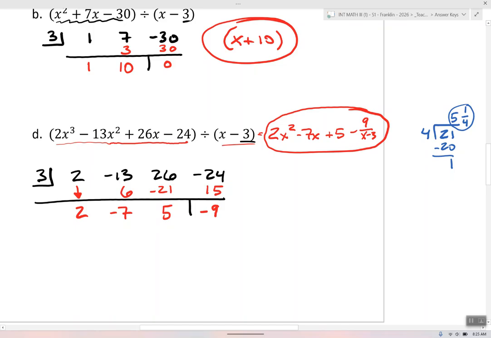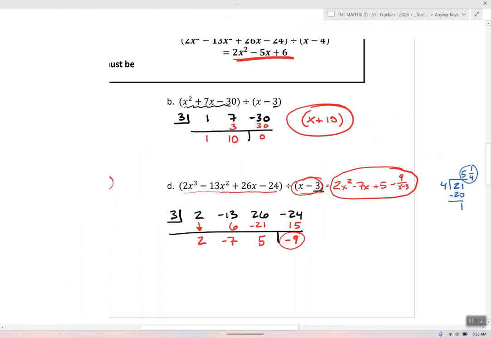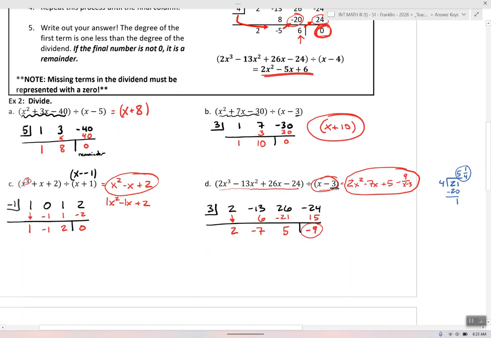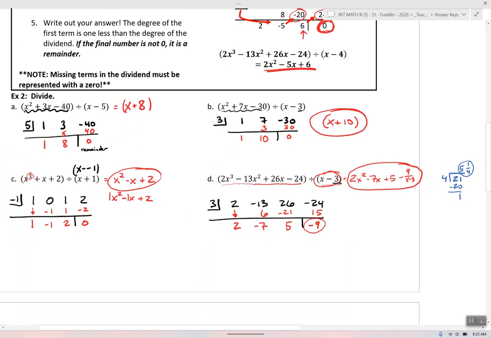We get 2x squared minus 7x plus 5 with a remainder of negative 9 over x minus 3. So whenever you have a remainder here, you're going to put it as a fraction over the divisor. Looks a little messy, but that is how it works. So that is synthetic division. Pretty quick process for dividing. As long as you don't have a remainder, it looks pretty clean.